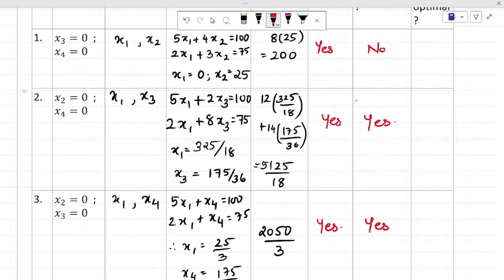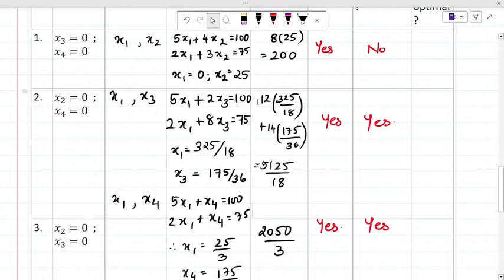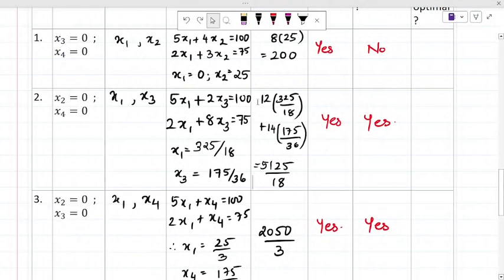Okay, so 284 is some answer here. So I'll just write down here, I'll put some answer in purple here.